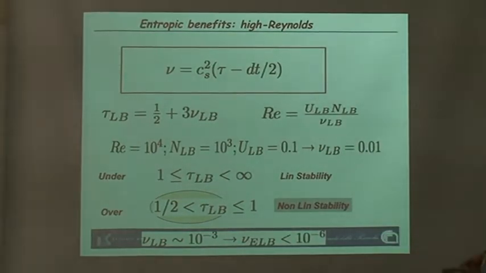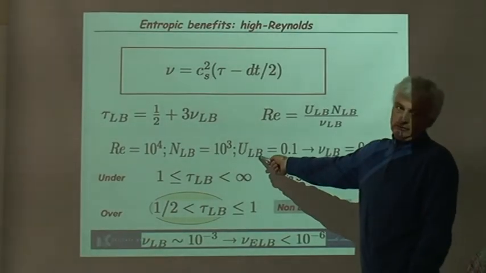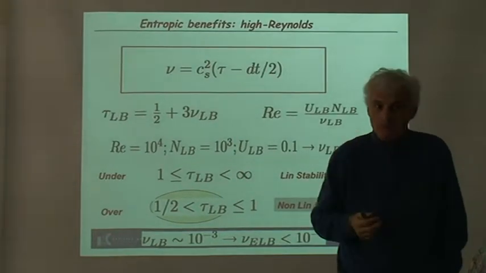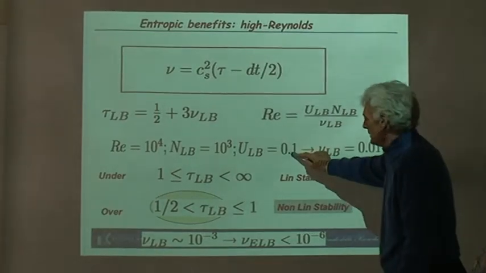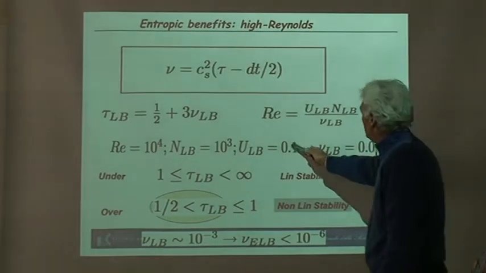It's not a joke, 10 to the 4 in 3 dimensions. And for U_LB I have not much freedom. At best I can choose of order 0.1, 0.2 maybe. But because the local equilibria are polynomials and can go negative, I cannot make this 1 or 10. No way.